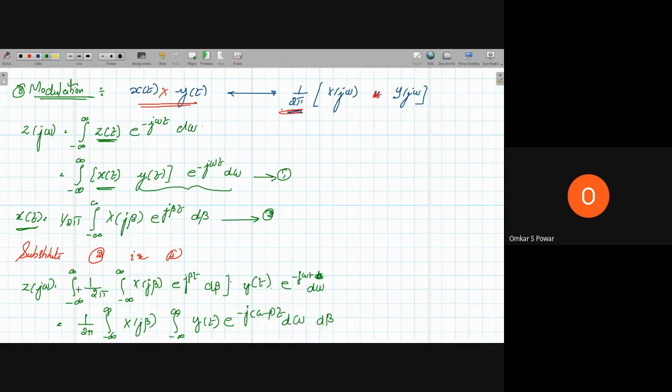I have just brought this inside here and I have simplified the terms. These two are same, only the way of writing is different. So let me continue it here only.